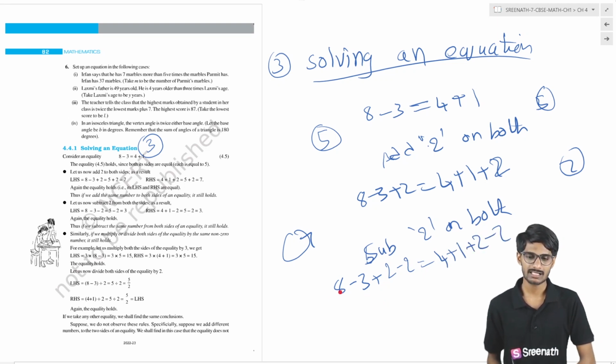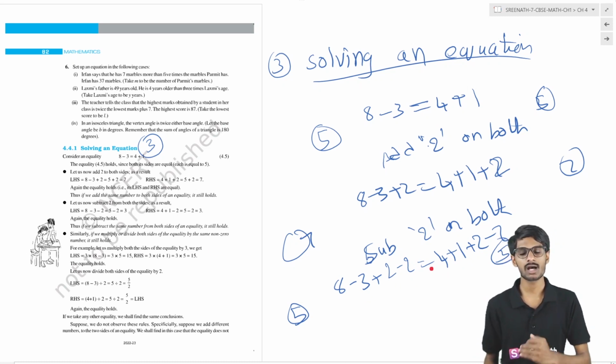Here the plus 2 and minus 2 cancel. On the left side it becomes 8 minus 3, which is 5, and on the right side 4 plus 1 is 5. So again equality holds, and LHS is equal to RHS.